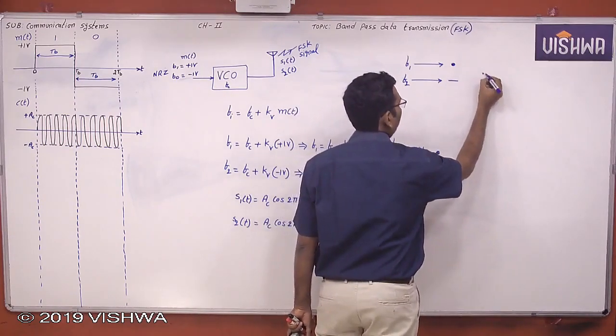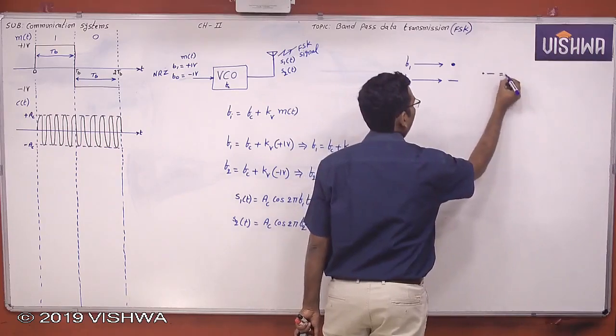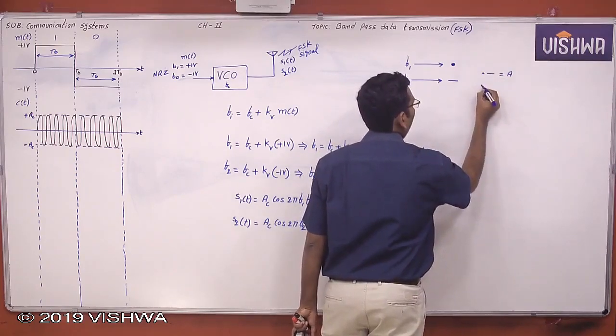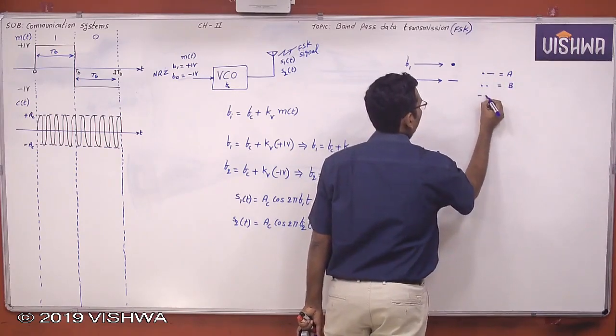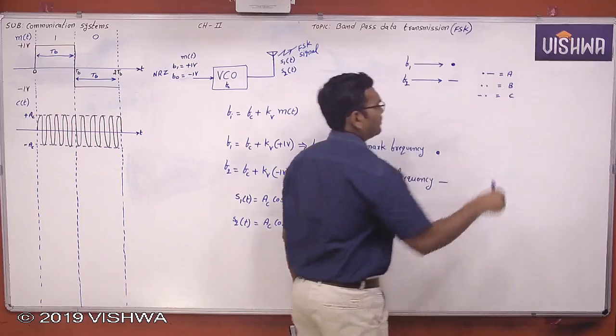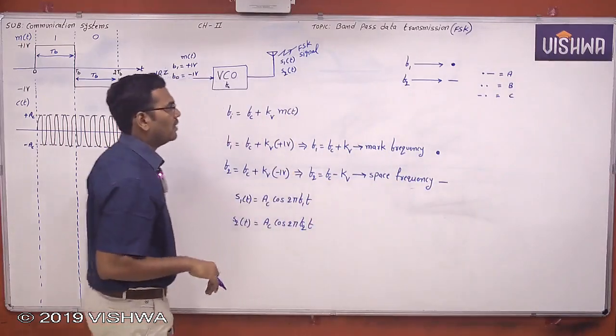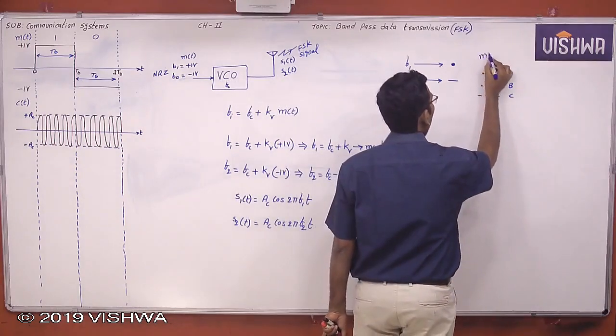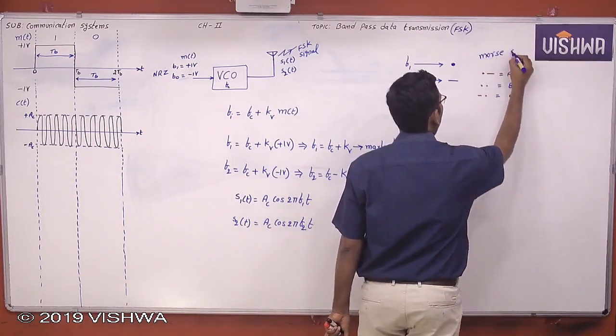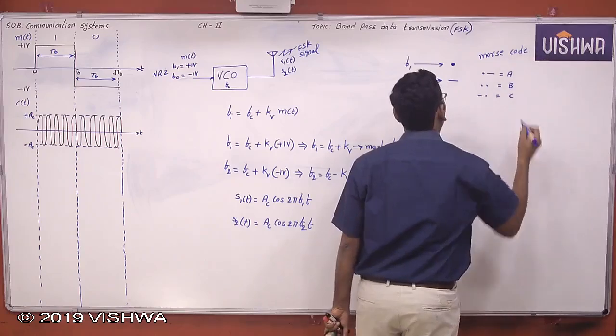For example, mark space is A, mark is B, space mark is C, like this, not exactly, just for example. This type of code is called Morse code, or Morse language.